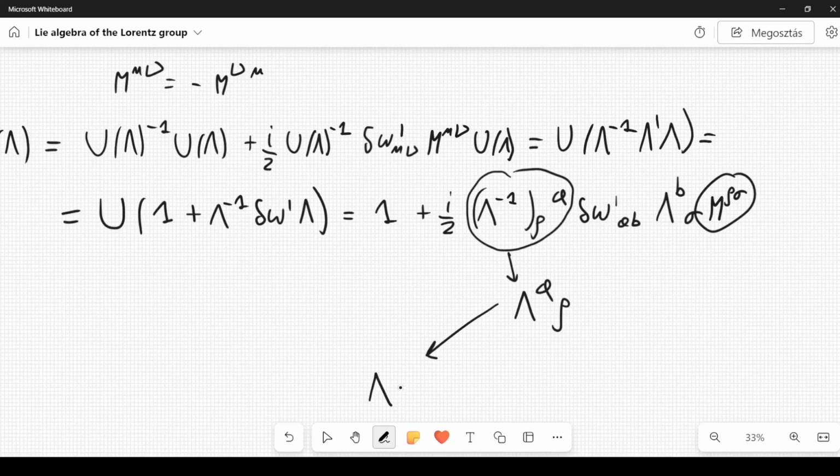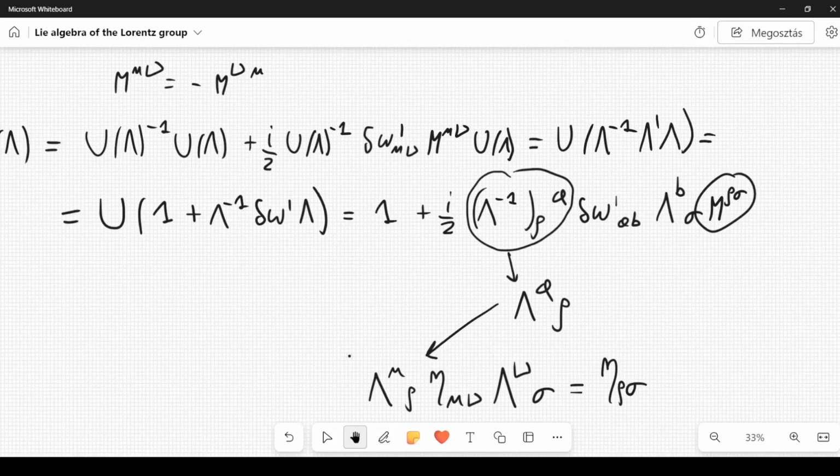Lambda mu rho eta mu nu lambda nu sigma is equal to eta rho sigma, like this.